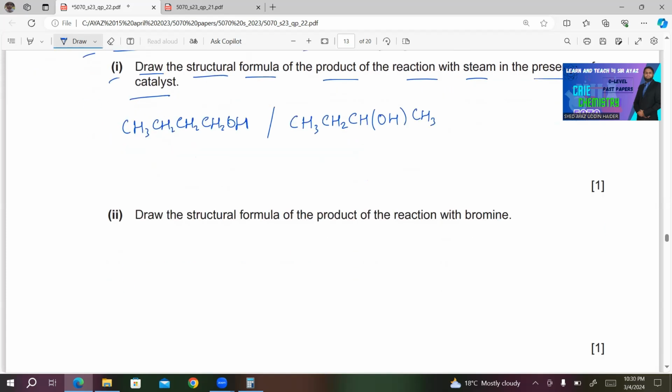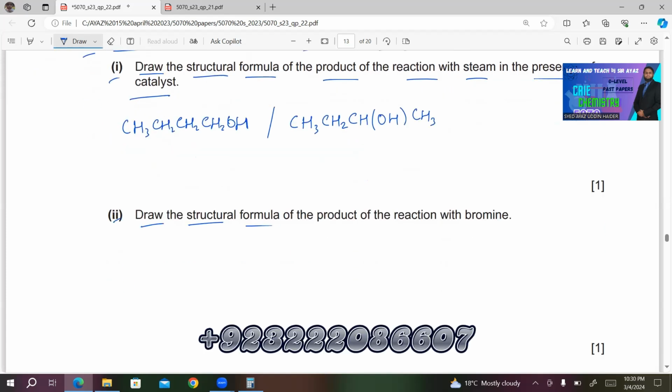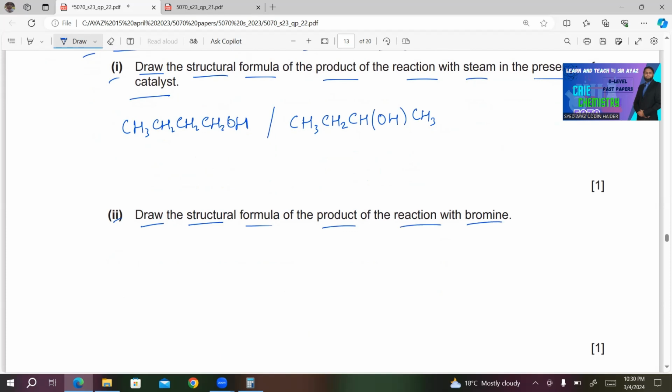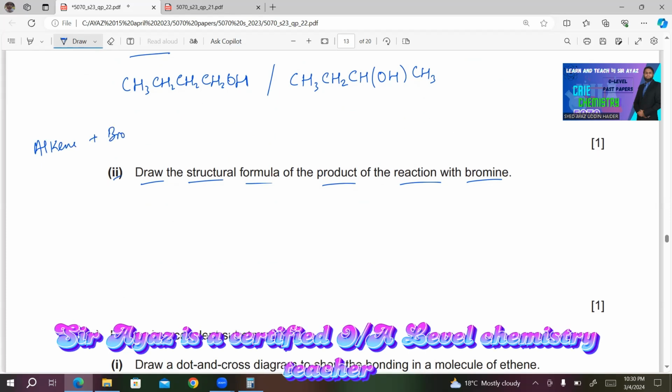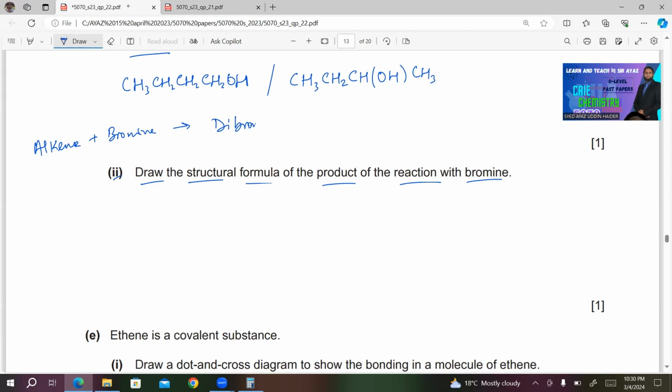Part 2. Draw the structure formula of the product of the reaction with bromine. So when alkenes are reacted with bromine, we'll get addition product. Alkene plus bromine, we will get dibromoalkane.